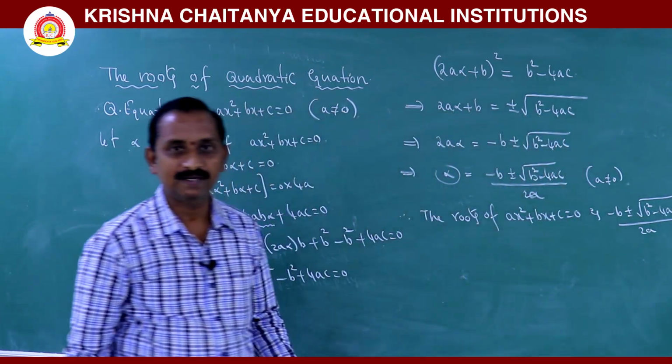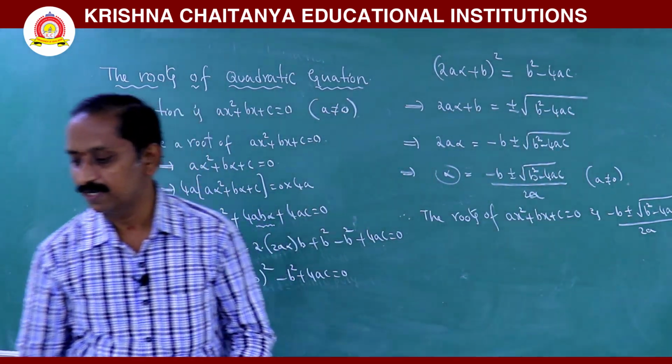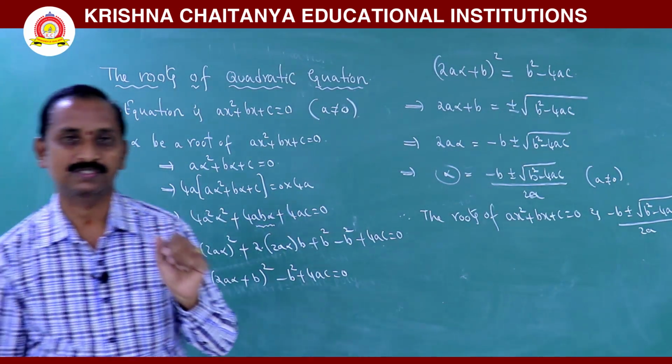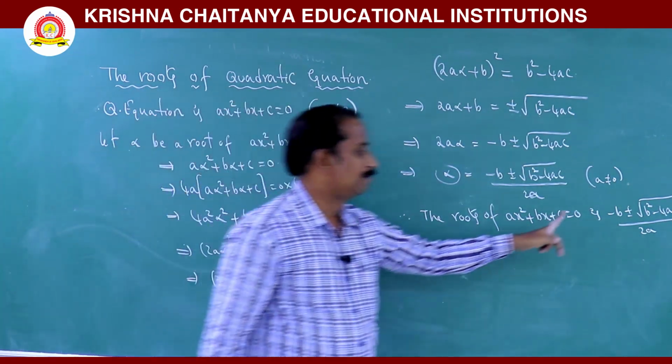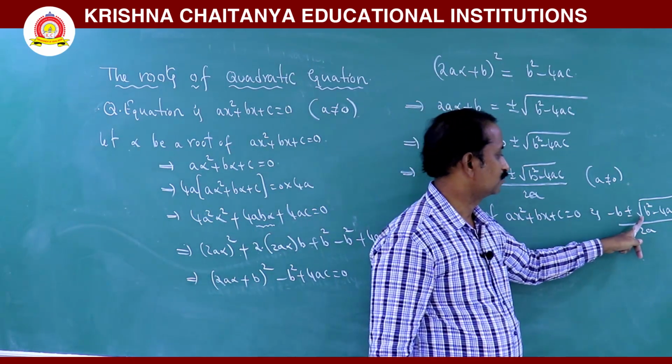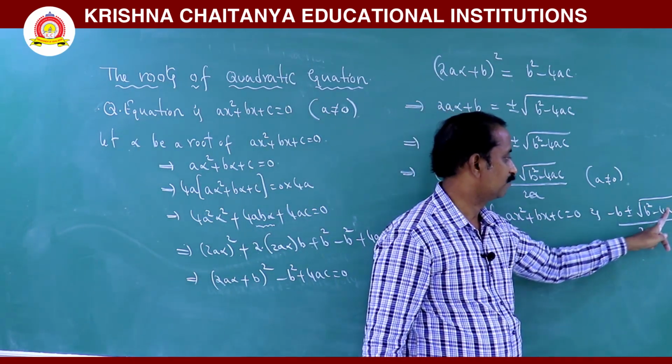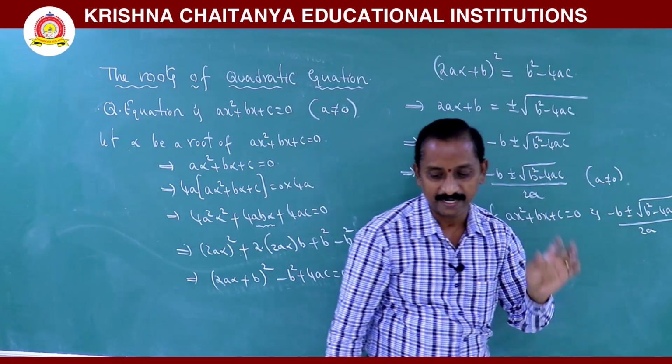So keep in your mind, for a quadratic equation there are two roots. The two roots are minus b plus or minus root of b square minus 4ac divided by 2a.